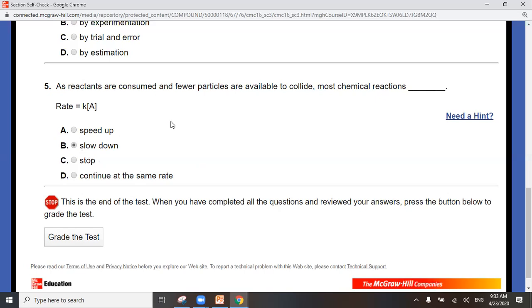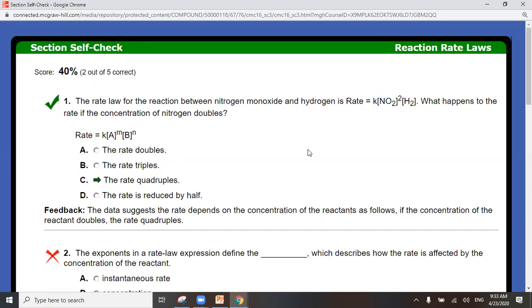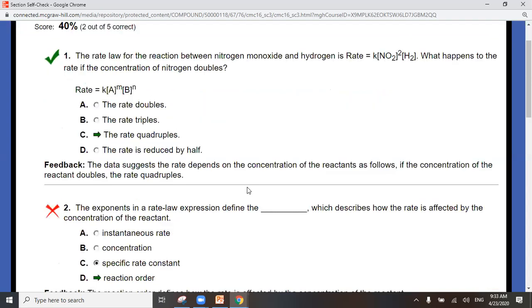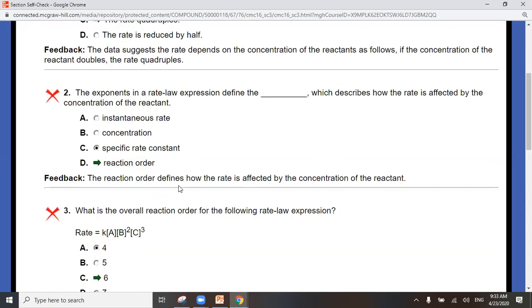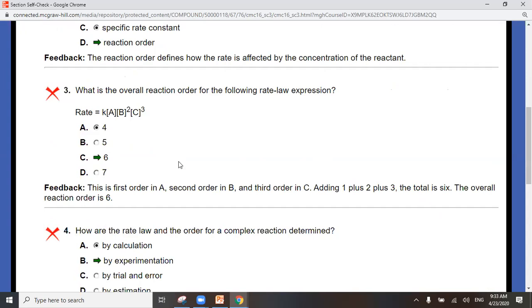So we are going to grade our test. The first question: the rate quadruples, as we said. Number 2 is reaction order. Number 3 will be 6, because the order is first in A, second in B, third in C; adding 1 plus 2 plus 3, the total is 6.